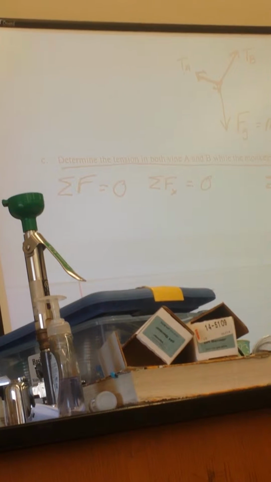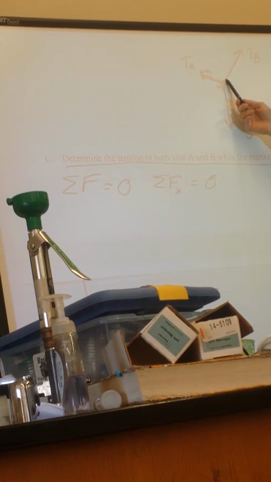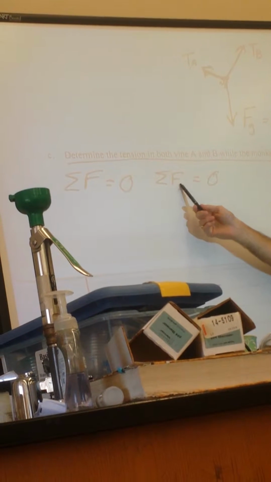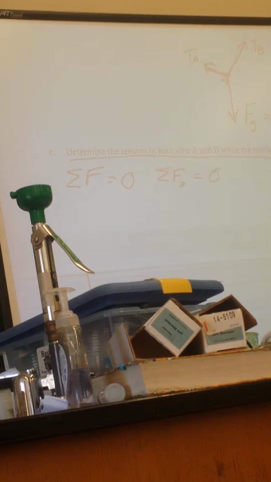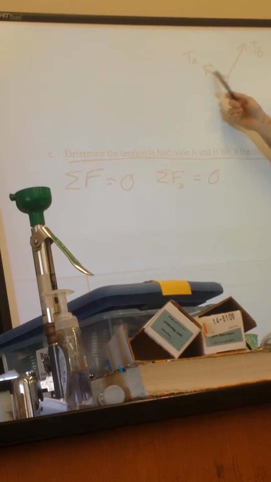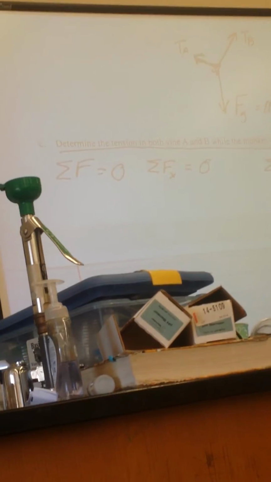Okay. Well, let's look at this statement, and then look at this. What forces act in the x direction? TA? Yeah. There's a component of this tension and a component of this tension that are in the x direction. And I could break those down.